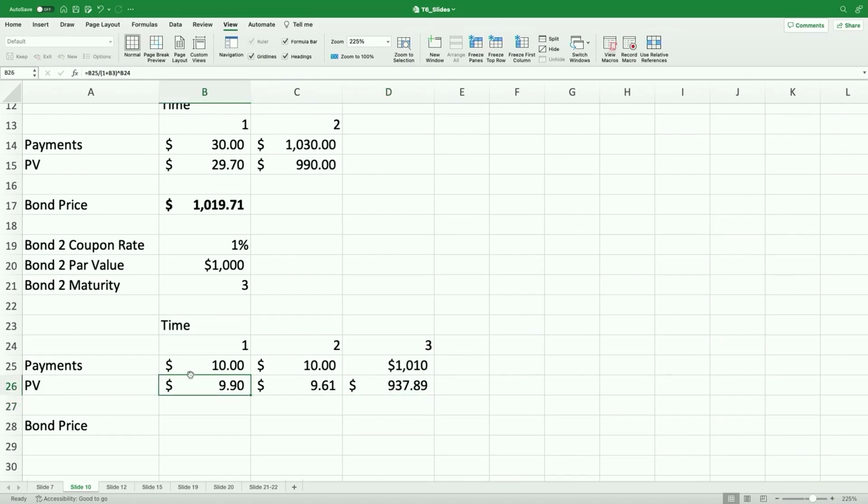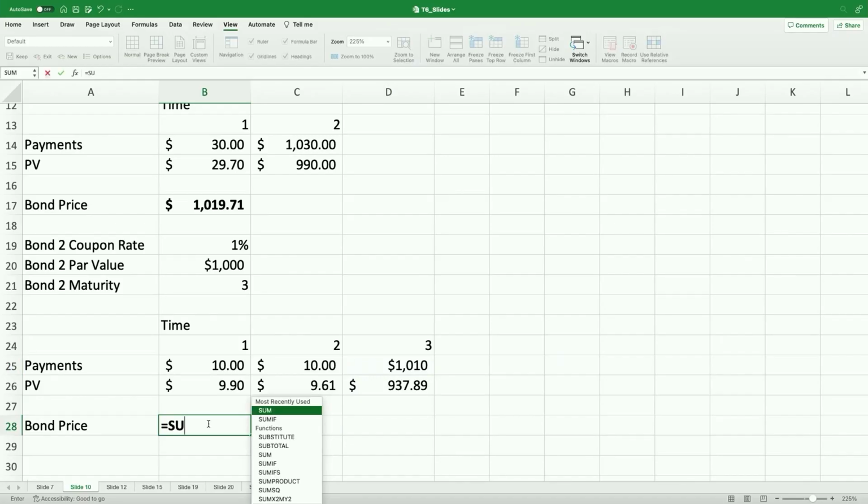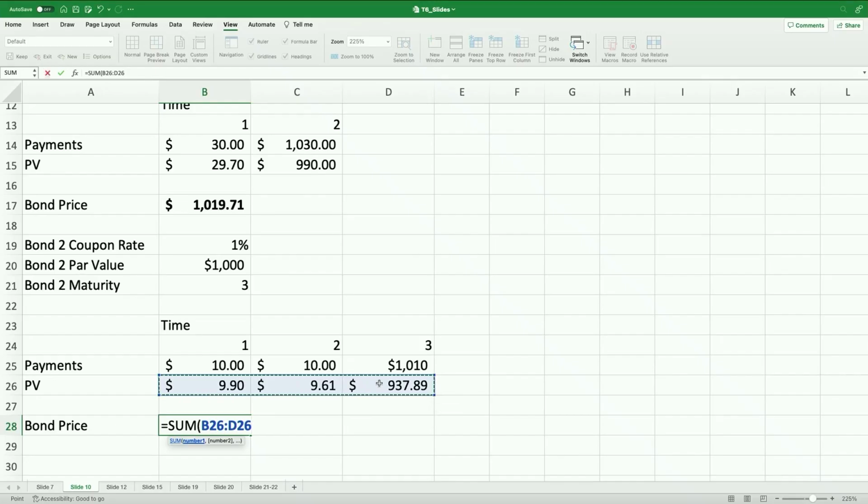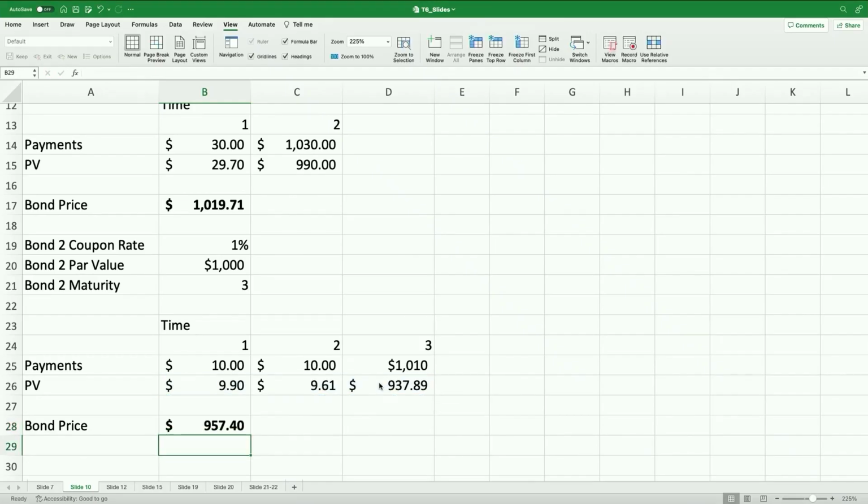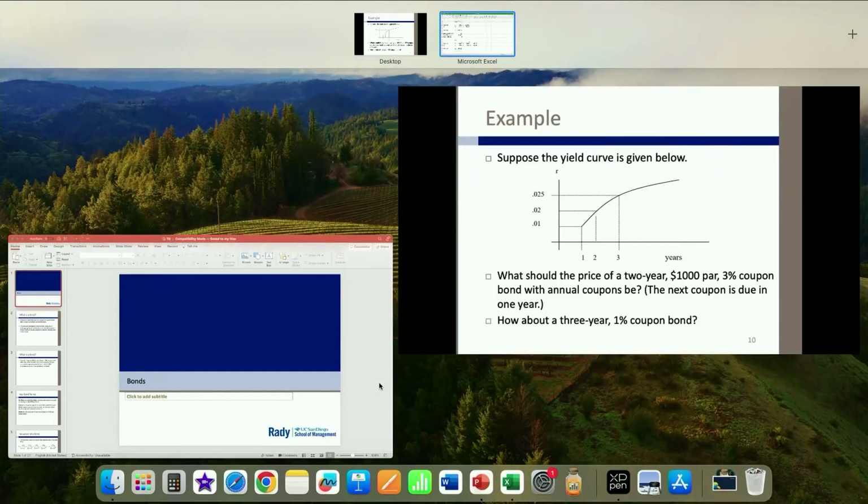Okay, so here's the present value of each individual cash flow discounted at its appropriate discount rate. Sum these together, and we get the bond price for the second bond, $957.40. All right, back to our slides.